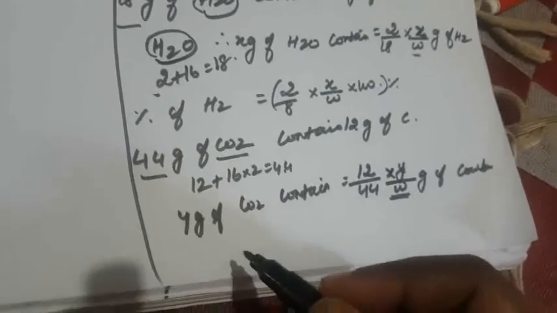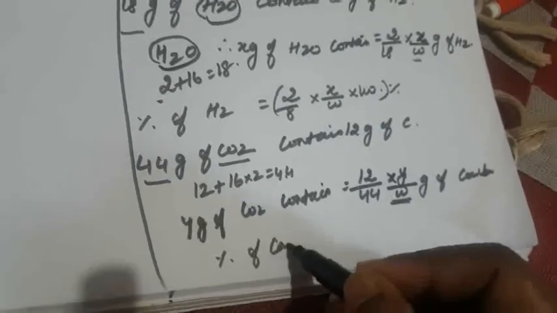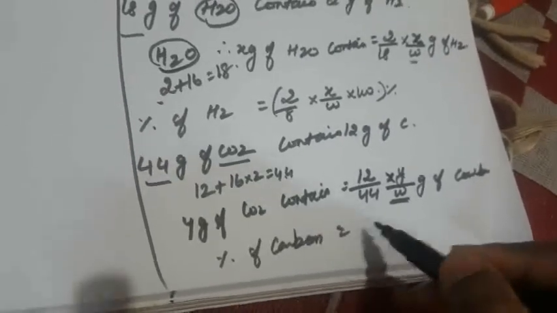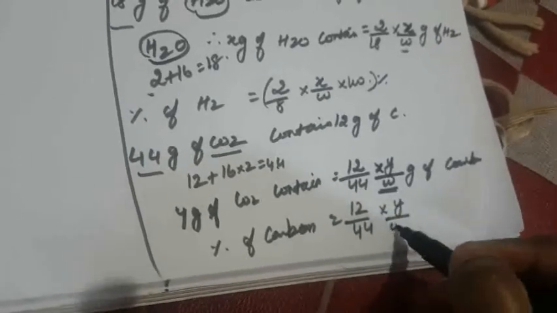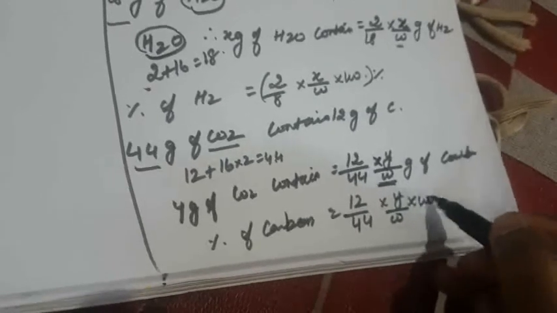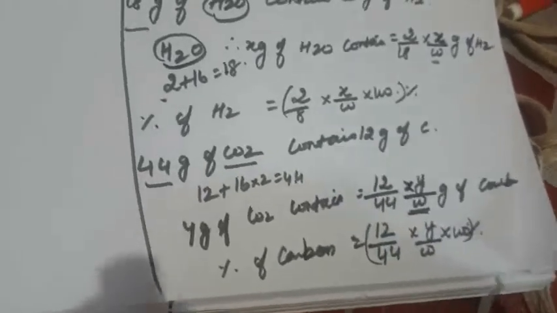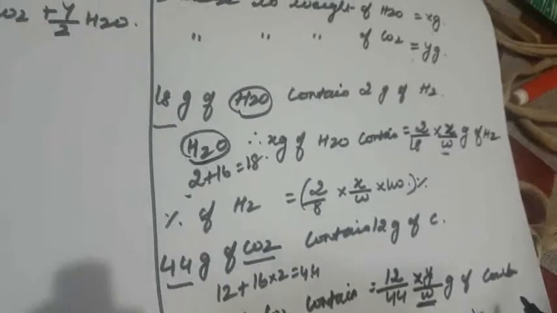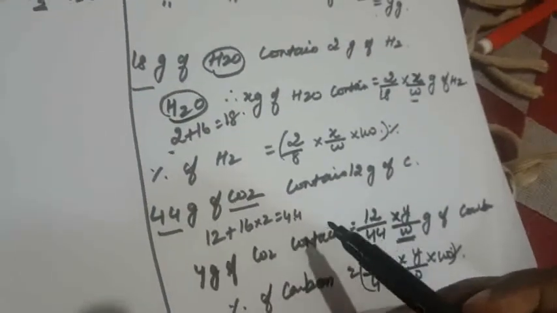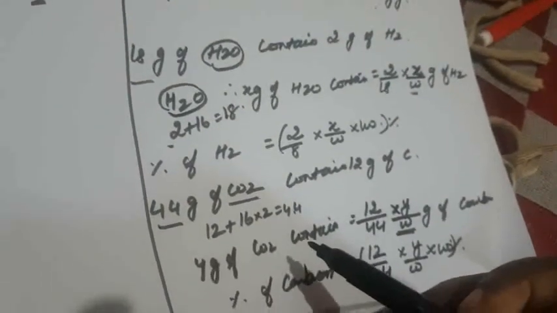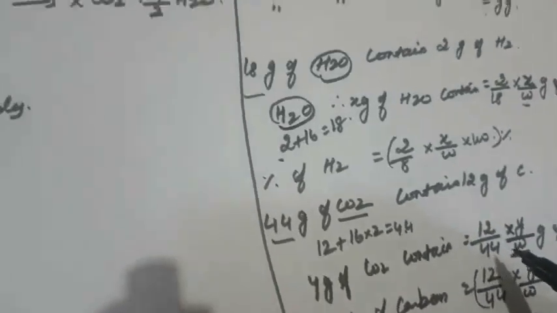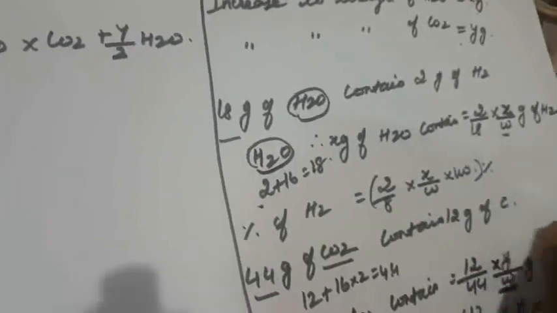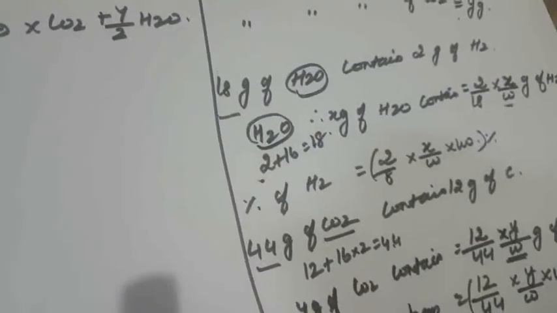Now the percentage of carbon is 12 by 44 into Y by W into 100. This is the percentage of carbon and hydrogen. Using this calculation, we can easily calculate the amount of carbon and hydrogen present in the organic compound. That's all about the estimation of carbon and hydrogen.